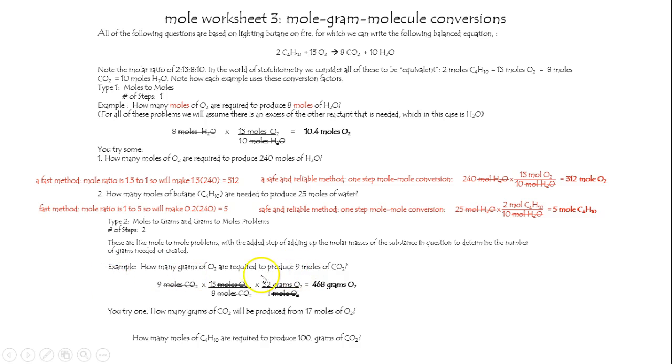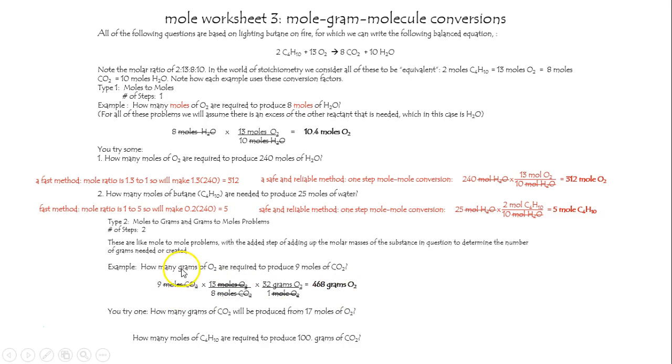Example, how many grams of oxygen are required to produce 9 moles of carbon dioxide? Start with what you're given, the 9 moles of carbon dioxide. Recognize that this is a mole to gram problem, so draw 2 lines. Make sure you know where you're going to, grams of O2, I'd throw that in there as well.